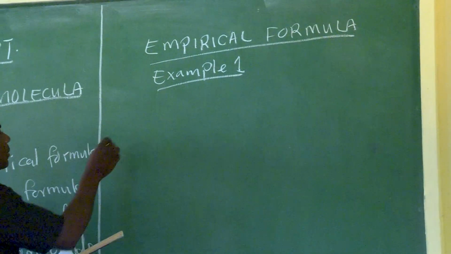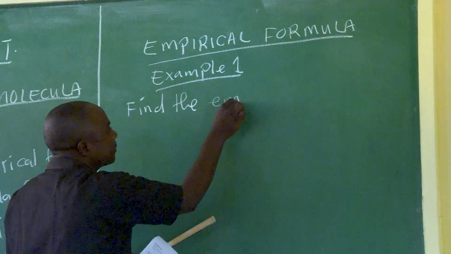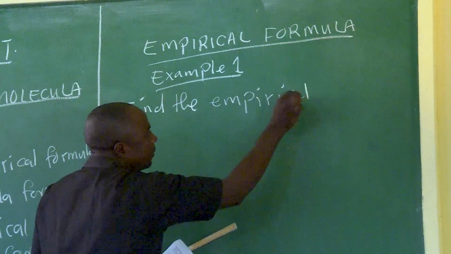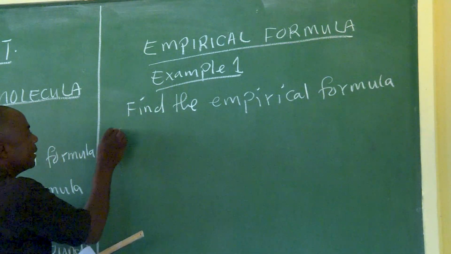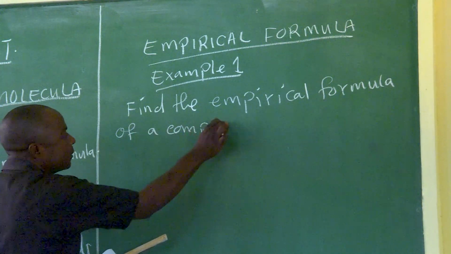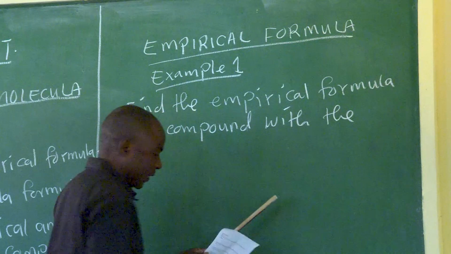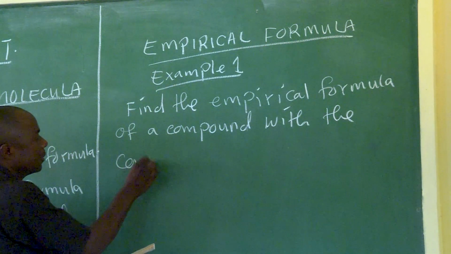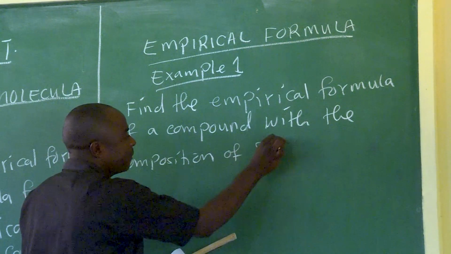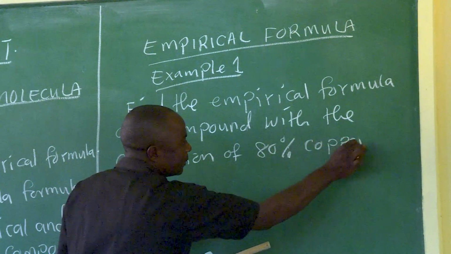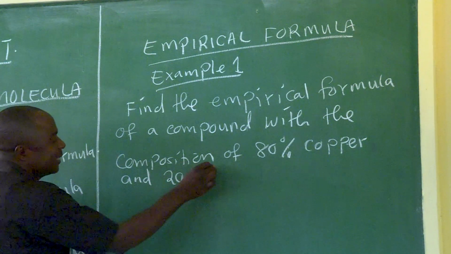Find the empirical formula of a compound with the composition of 80% copper and 20% sulfur.